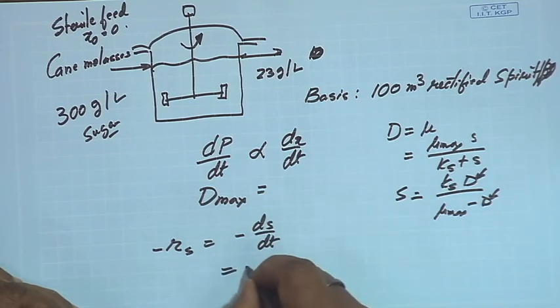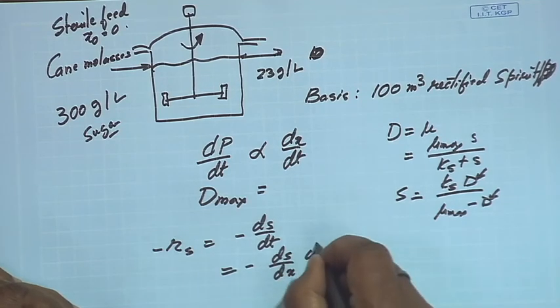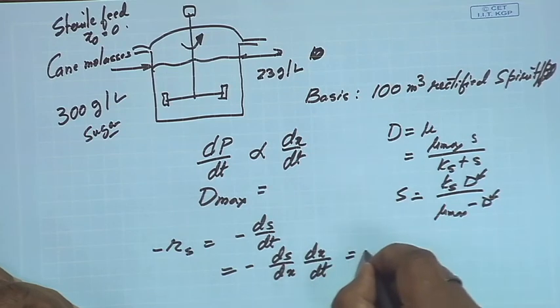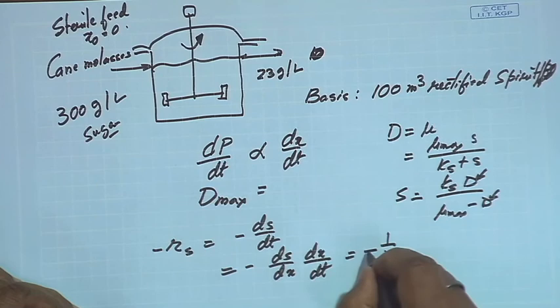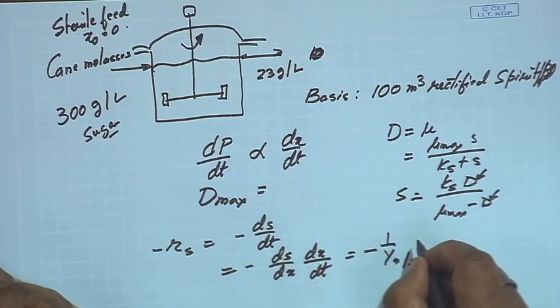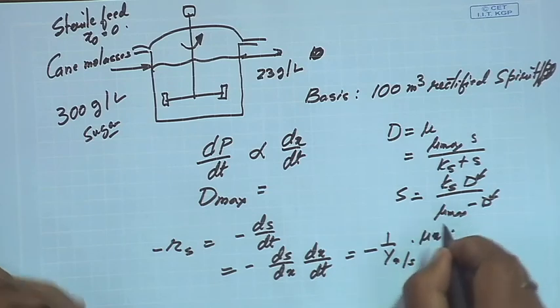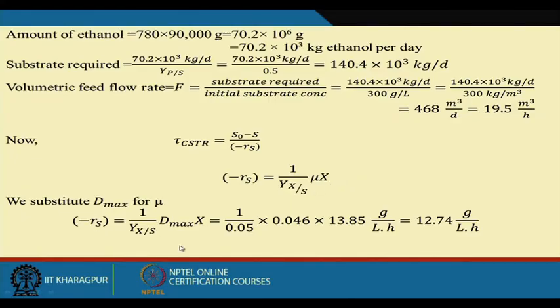The minus dS by dt I can write as dS by dX and dX by dt. This is equal to 1 by Y X by S into mu into X. This is exactly what is written here, and then we can calculate the value of minus RS.